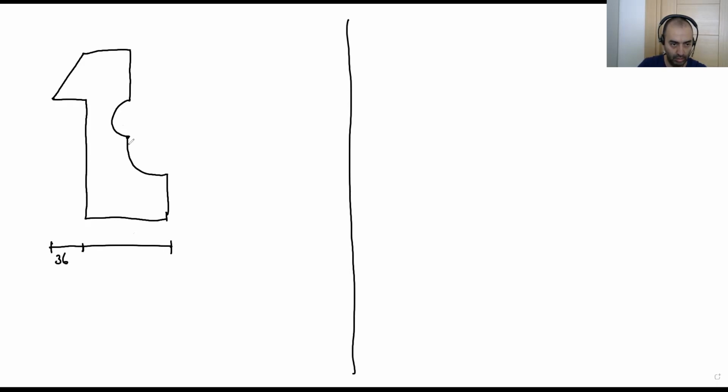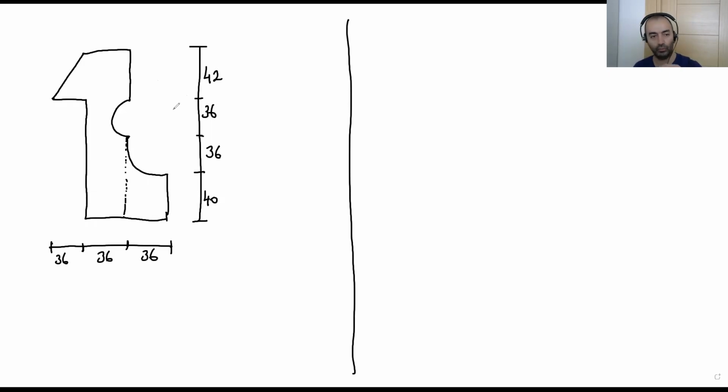Here is 36. This point 36. Okay, and in the vertical direction, here we have 40, and then here 36, 36, and left is 42.